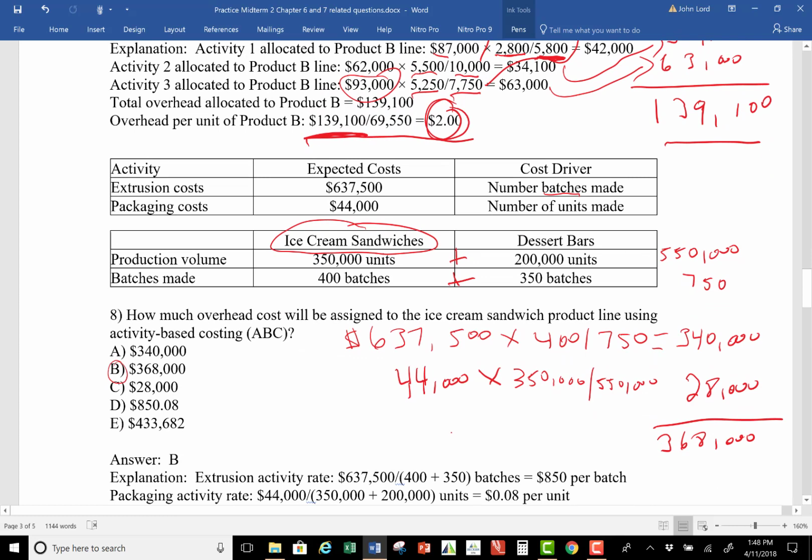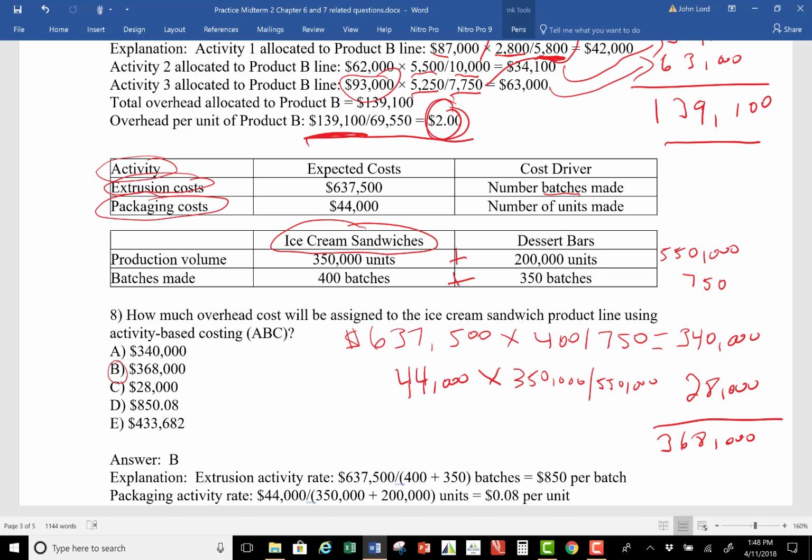So this one, instead of calling them activity 1, 2, and 3, they actually went ahead and gave us some question to make you hungry, right? Because we got ice cream sandwiches and dessert bars. I'm glad this question asked about ice cream sandwiches because I like those better than dessert bars. Now you have this extrusion activity.